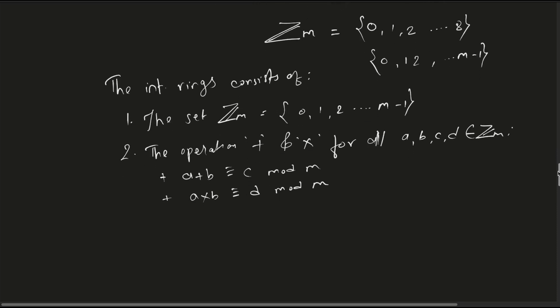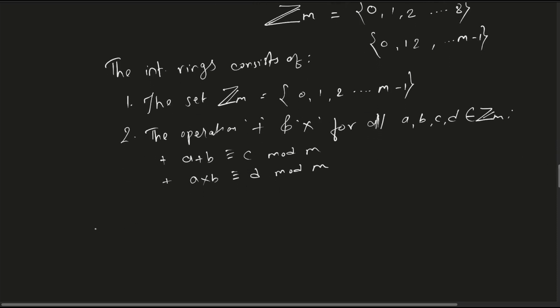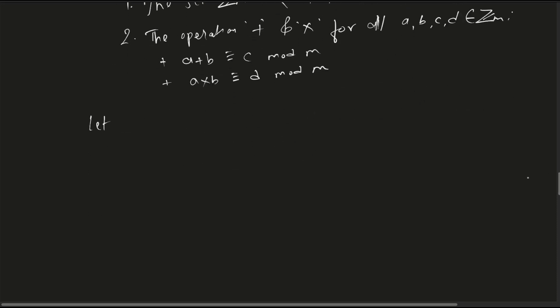So let's look at an example. Let's assume our m is 9, which means in this scenario we're dealing with a ring of 0, 1, 2, 3, 4, 5, 6, 7, 8.